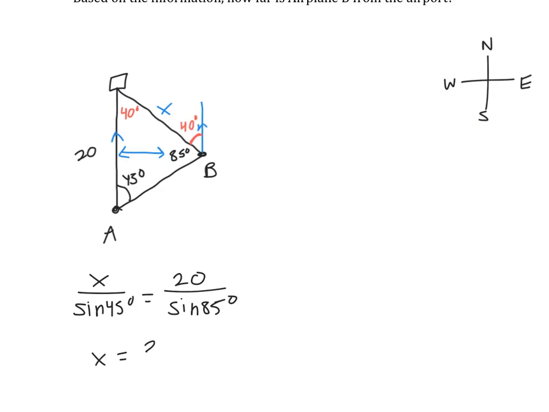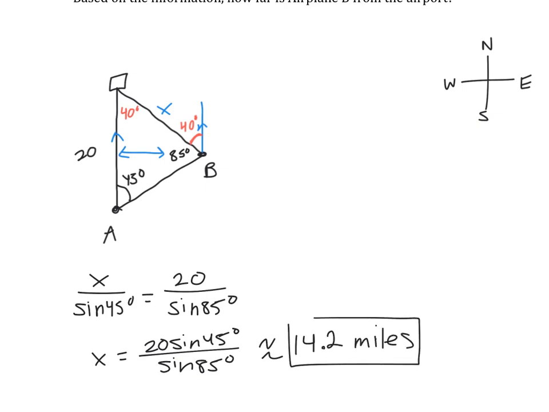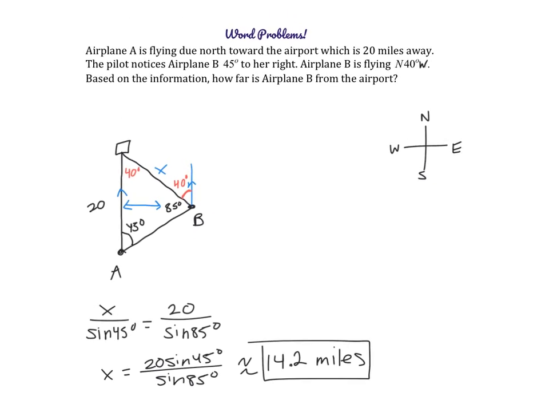So x is going to be 20 times the sine of 45 degrees over the sine of 85 degrees, which is approximately 14.2 miles. And there you have it.